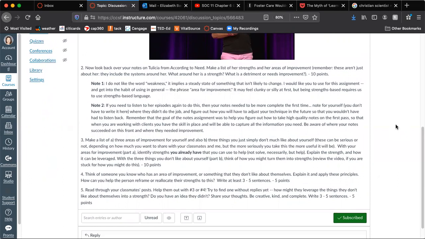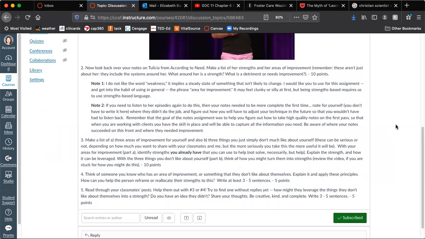And I don't want you to be too focused on just her individual characteristics. Remember that her strengths and her areas of need also include some of the systems around her. So don't get too expansive about this. It's her, her family, the people she interacts with, and that's what I'm talking about here.